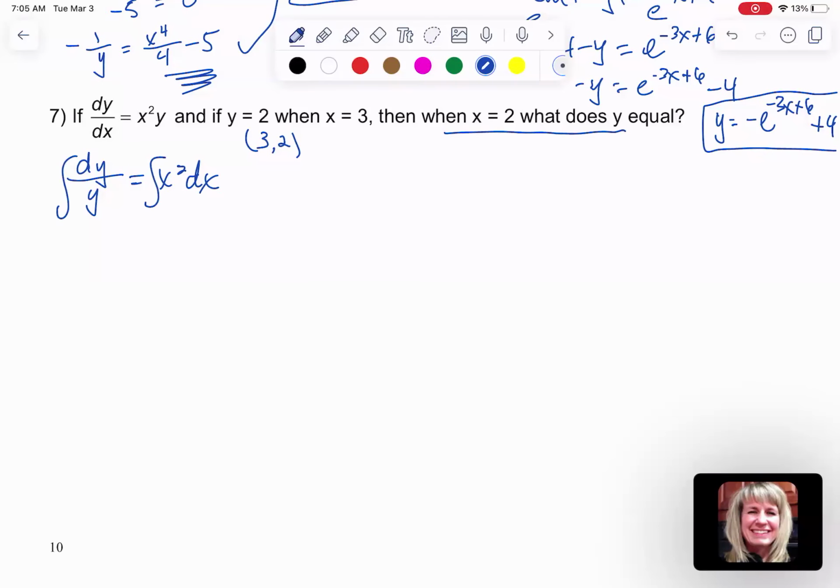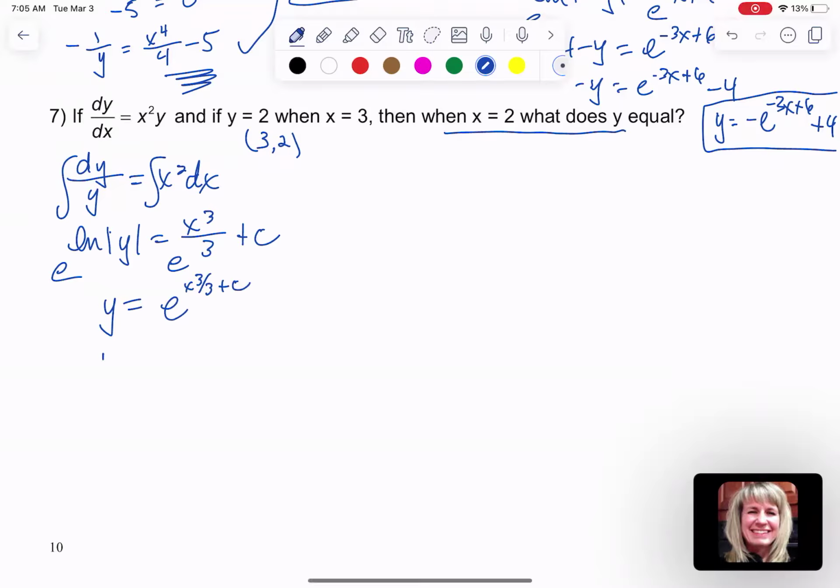When I integrate both sides, I get natural log of y equals x cubed over 3 plus c. Plug in my ordered pair if you want to here, or solve for y. Either way is fine. I'm going to go ahead and solve for y. And so this will be y equals e to the x cubed over 3 plus c, which remember is e to the x cubed over 3 times e to the c, which is just a giant c.